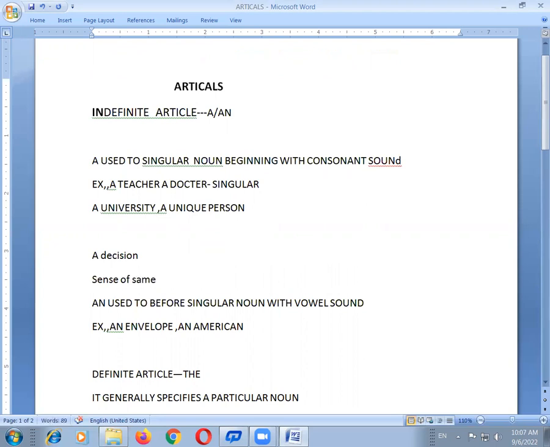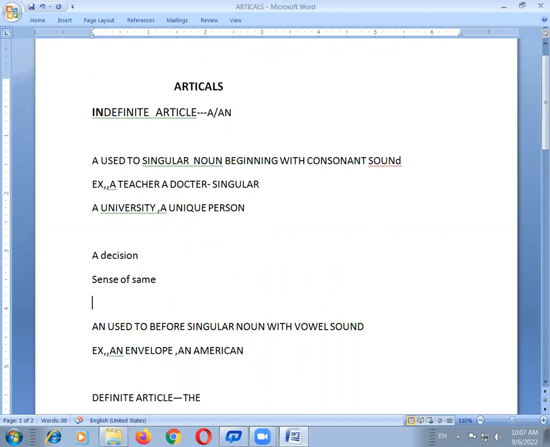Example, birds of a feather flock together. Ramu and Srinu are of a same size. Next one, tomatoes cost rupees 40 a kilo. A kilo. For example, we explain the sense of money.